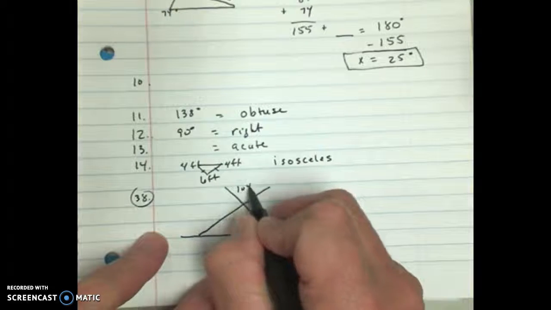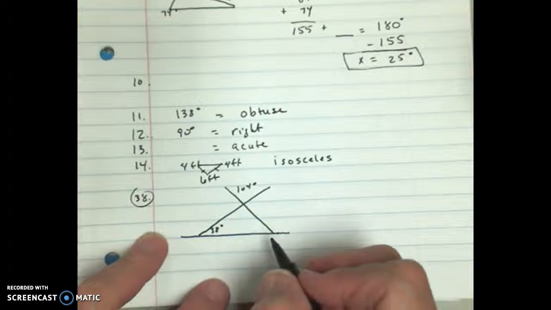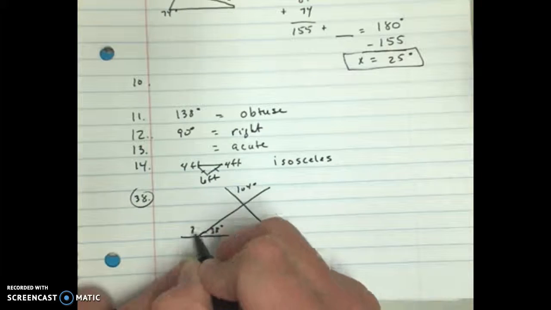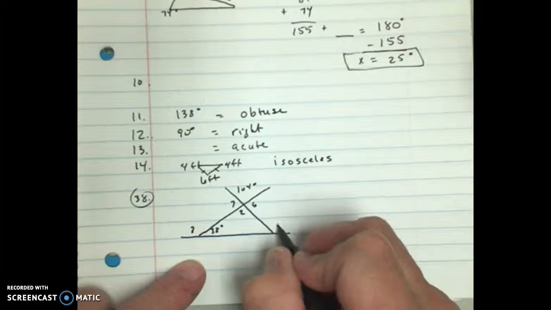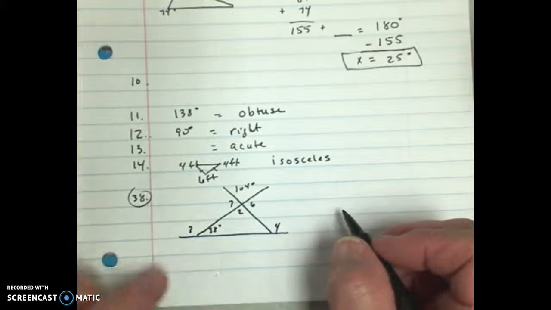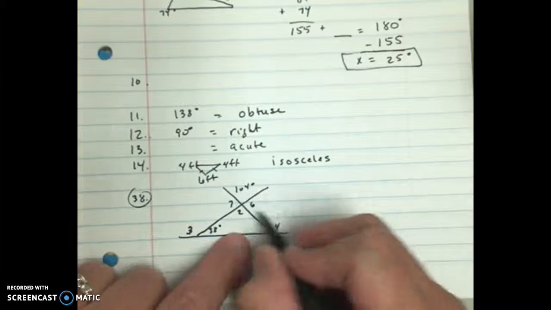We know this is 104 degrees. We know this is 38 degrees, and so on. And this is 3, and this is 2, and this is 7, and 6, and 4.